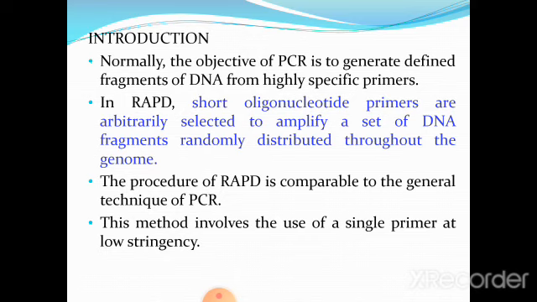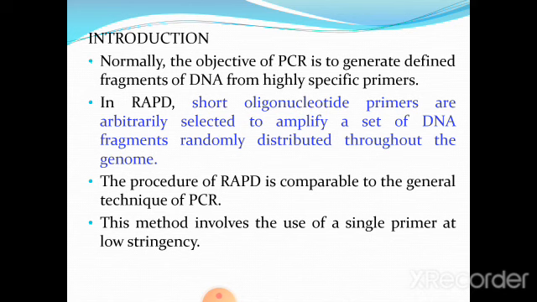But overall, what happens in RAPD, that is the procedure, is comparable to the general technique of PCR. This method involves the use of a single primer at low stringency.